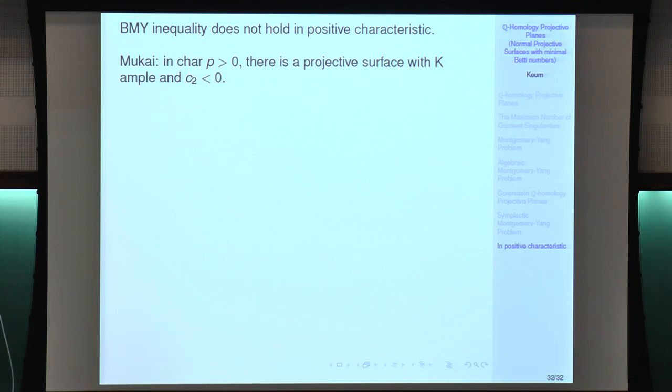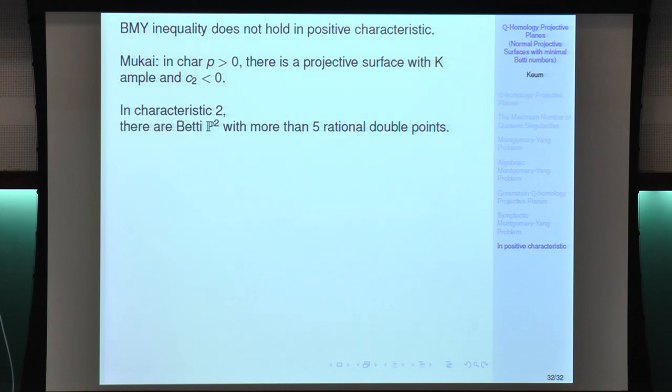In positive characteristic, there is a projective surface with canonical class ample and second Chern class negative. Over the complex number field, this number is bigger than or equal to K squared, but this is negative. Anyway, in characteristic 2, this bound does not hold.